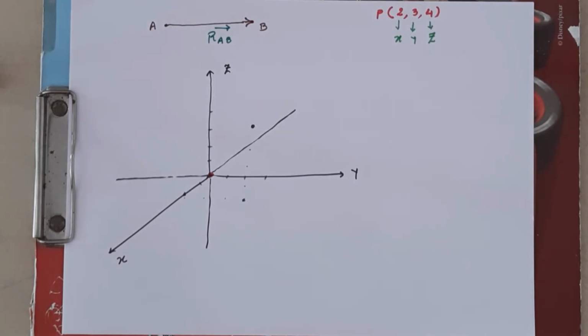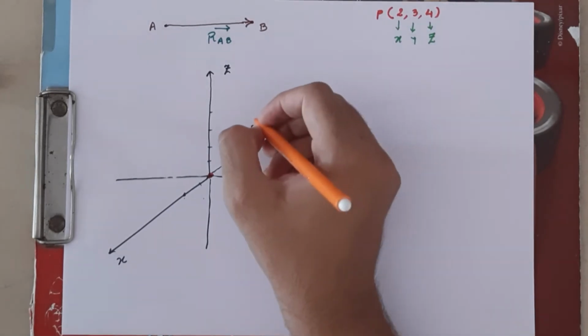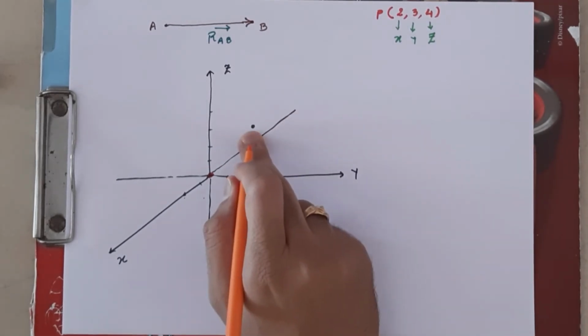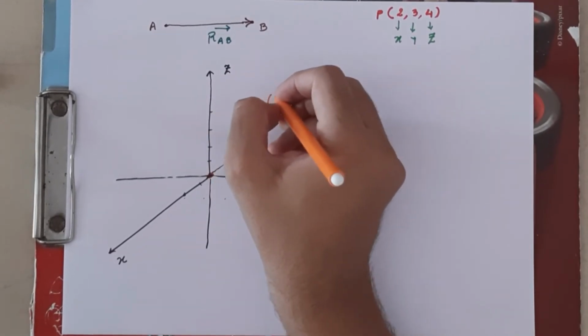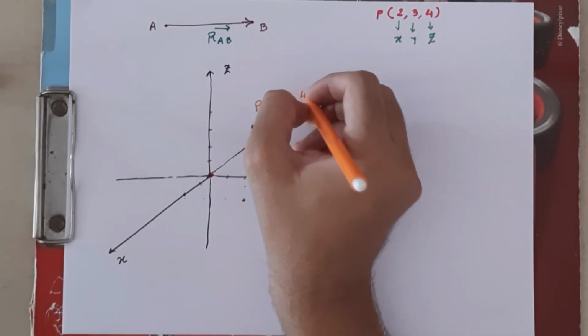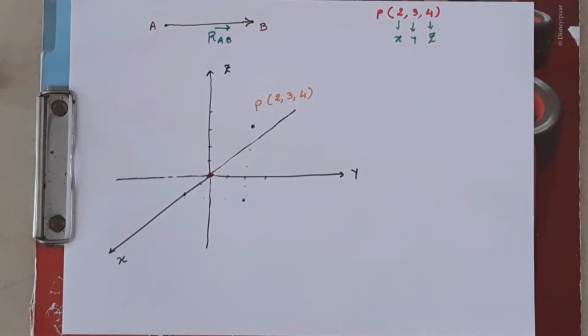So I will just draw this. This point is nothing but my point P, which has coordinates 2, 3 and 4. Clear?